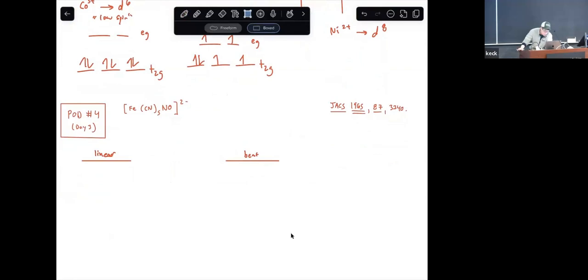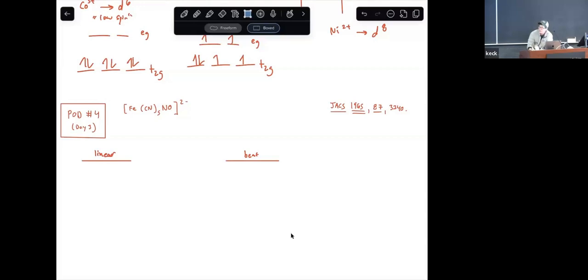You don't know from this question and the information provided what might be happening, so we can just entertain both. So let's first consider the linear case.